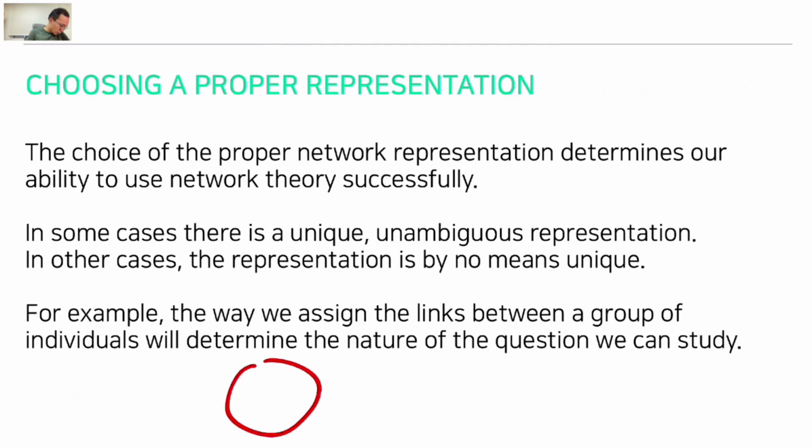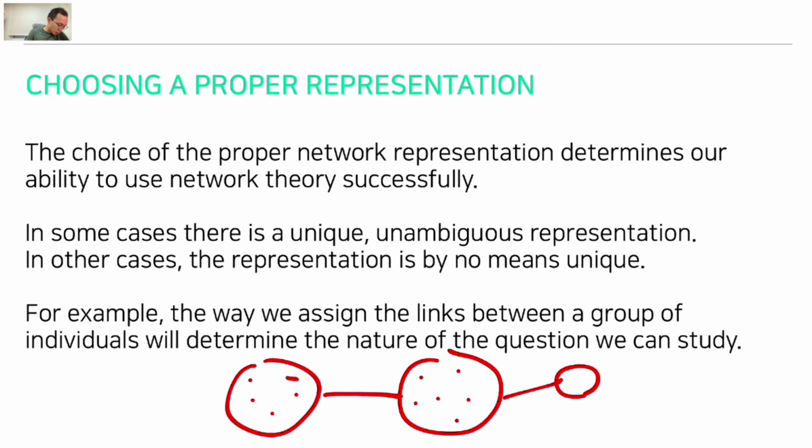So maybe we can create an example. So individuals. So we have some group, right? We can create a link. Maybe I feel like it depends on the criteria of the groups, right? When this represents the domain knowledge pretty well, it may determine the nature of the question, right?